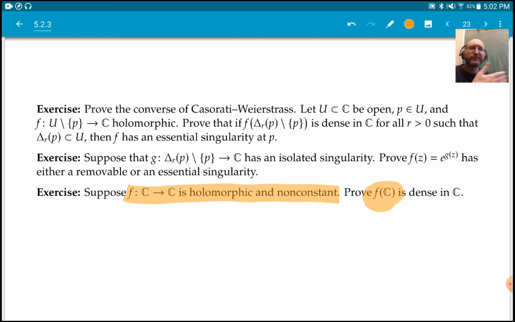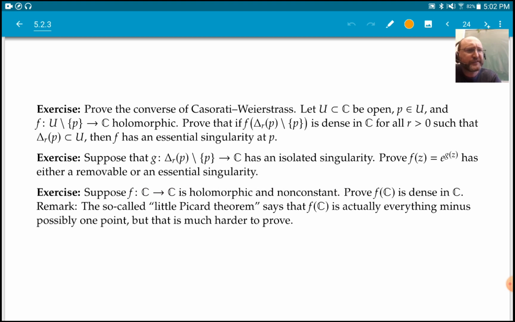So you have to think of two possibilities. Either it has a pole, or it has an essential singularity, right? Or you could prove that if it has a removable singularity at infinity, it's actually constant, right? But you basically argue by cases, right? And so prove that f of C is dense, right?